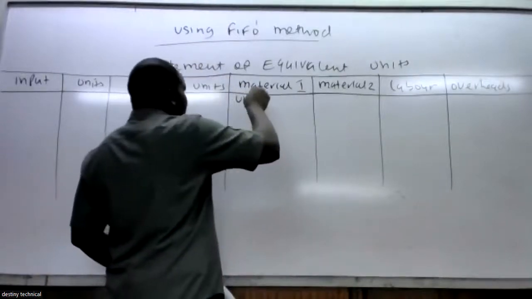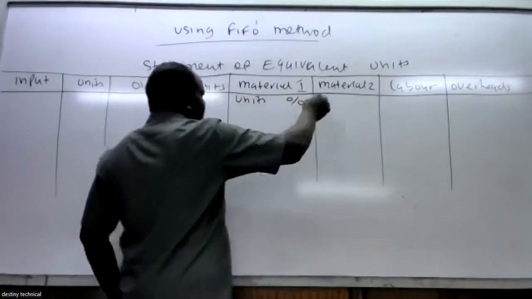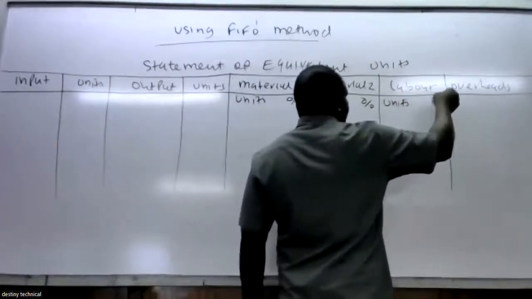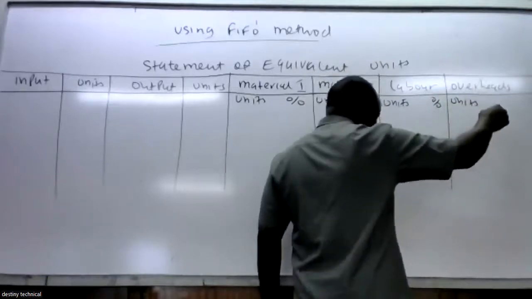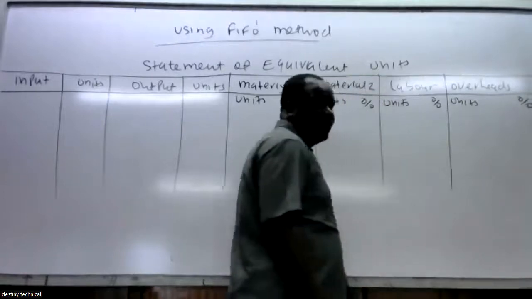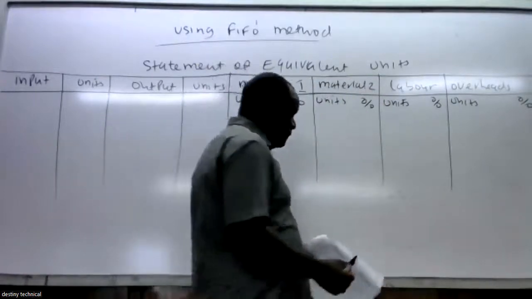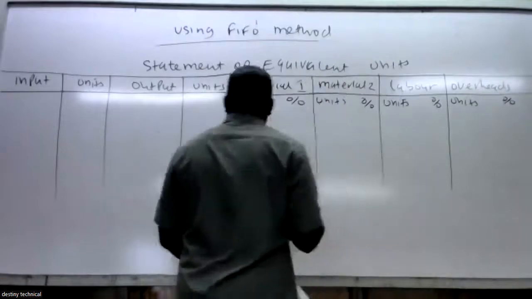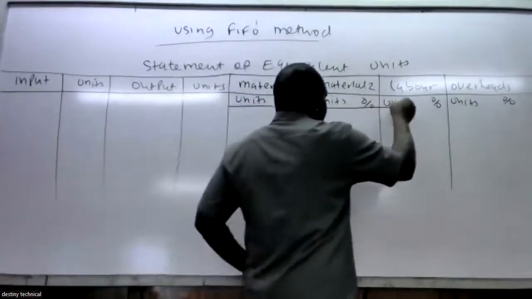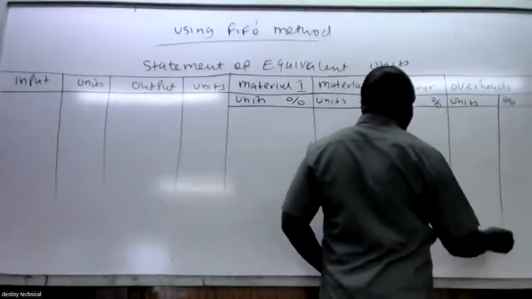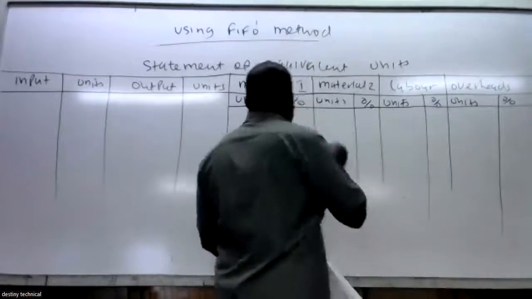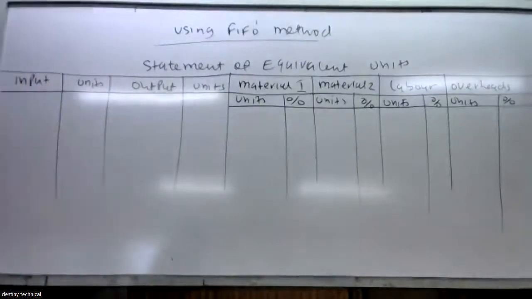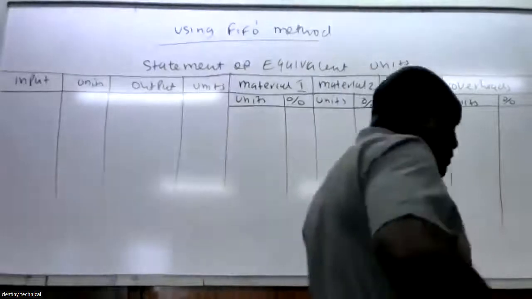So we shall be having the units, degree of completion in form of percentages. So we simplify our table in that order.